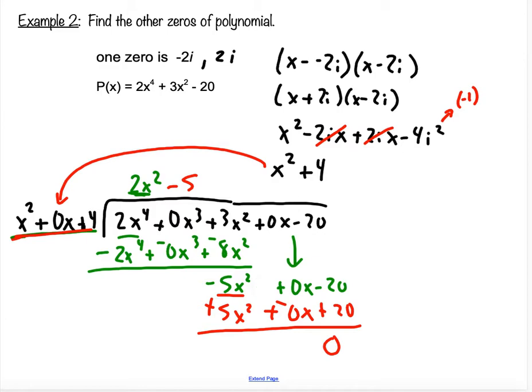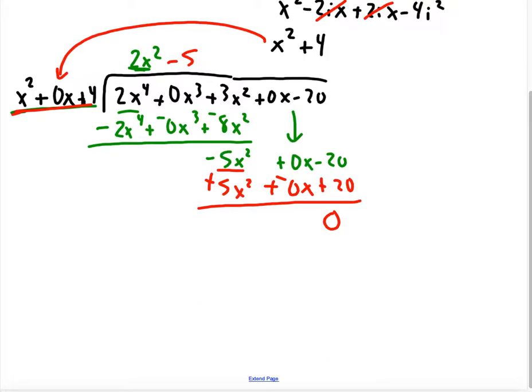So 2x squared minus 5 is the other, we're going to have the other two zeros there. So if I write it out now with its factors, we know it to be x squared plus 4, and we know it to be 2x squared minus 5.